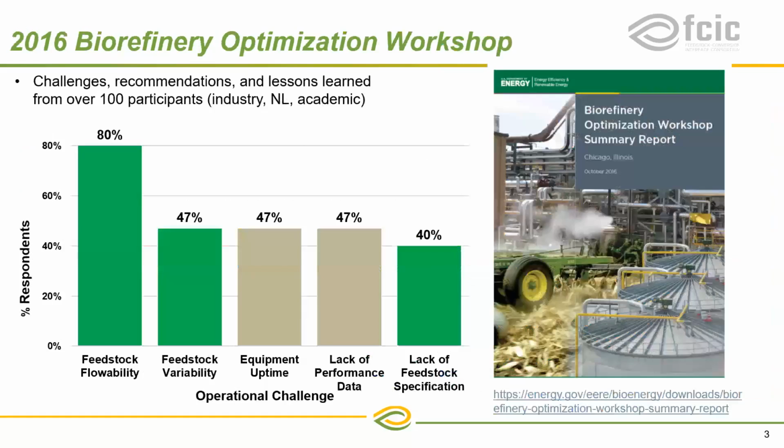One of the key drivers for creating the FCIC has been the problems that advanced biorefineries have experienced starting up. There is a workshop report shown on this screen, but BETO organized this workshop several years ago to invite stakeholders from the national laboratory system, from academics, and from industry to talk about those issues.